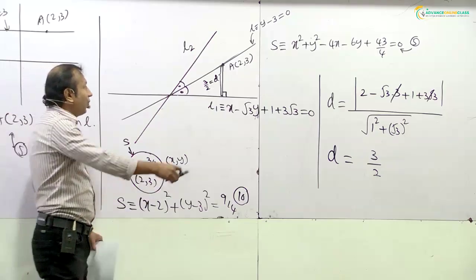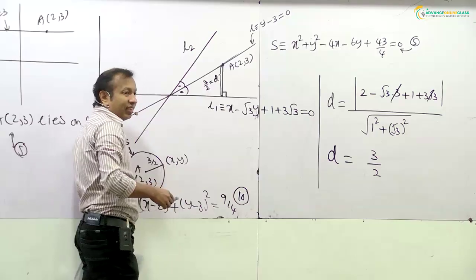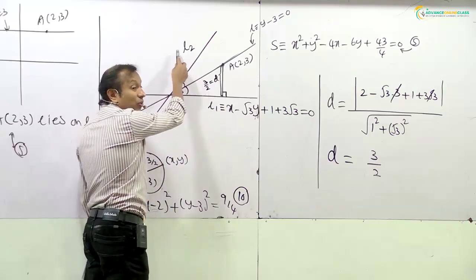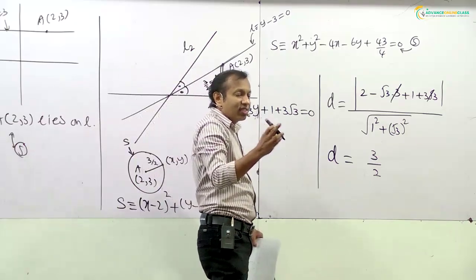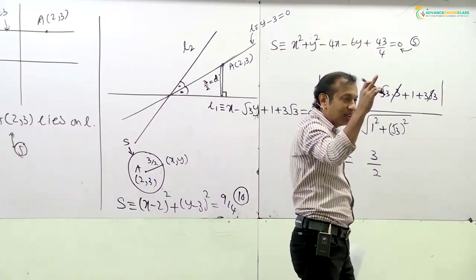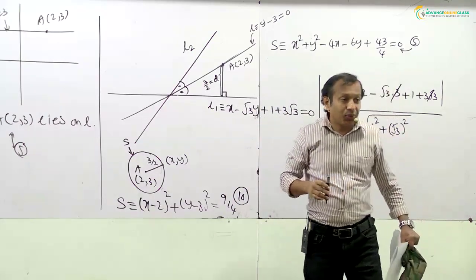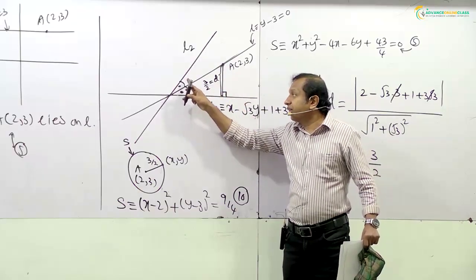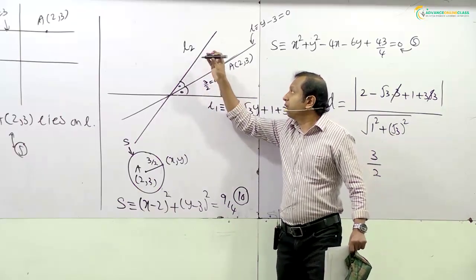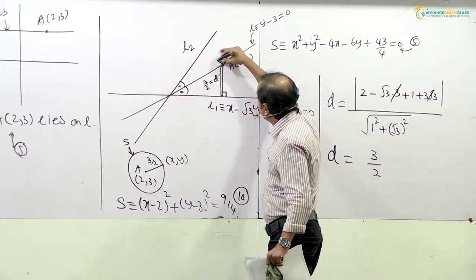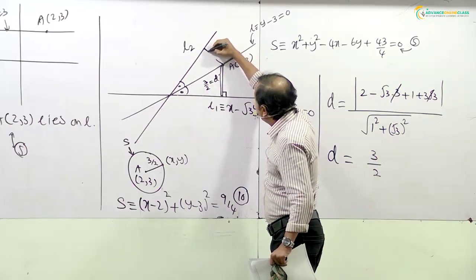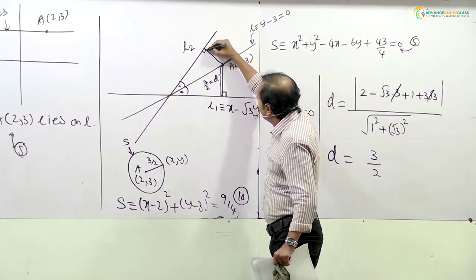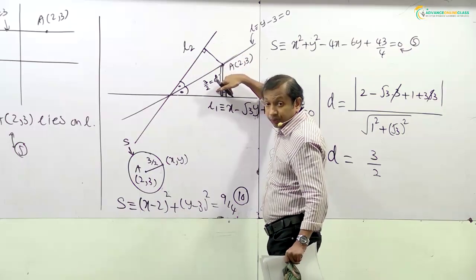If I draw S here, S touches L1 and L2 both. Why do we say S touches not only L1 but L2 also? Because from here to here is also the same perpendicular distance, because this angle is equal. When you drop a perpendicular like this, these two triangles are congruent, no? 90, 90.